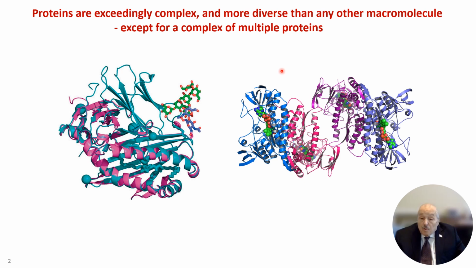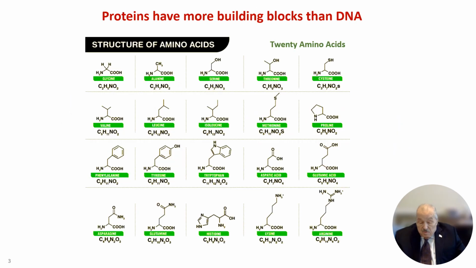We're going to focus more on the amino acids that make up the protein fluorescence, in particular those that are most relevant to us. So those complex structures you saw in the previous slide are made up of only 20 amino acids. Now that's a lot of building blocks.